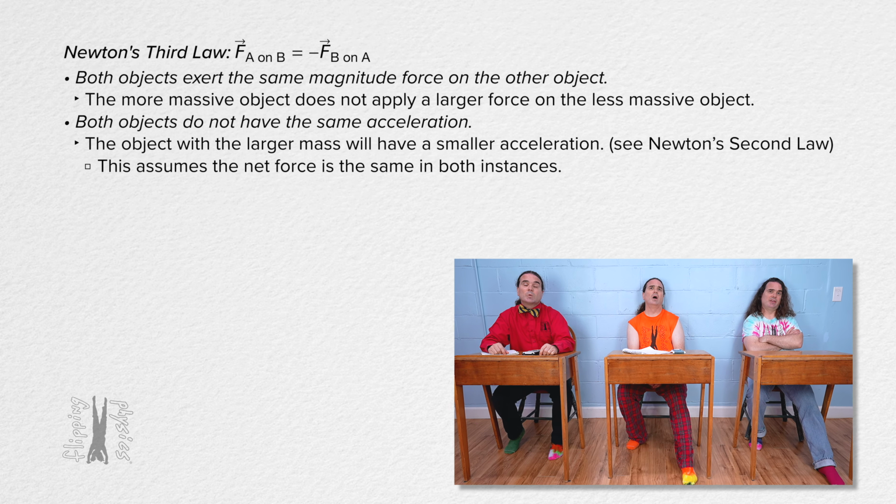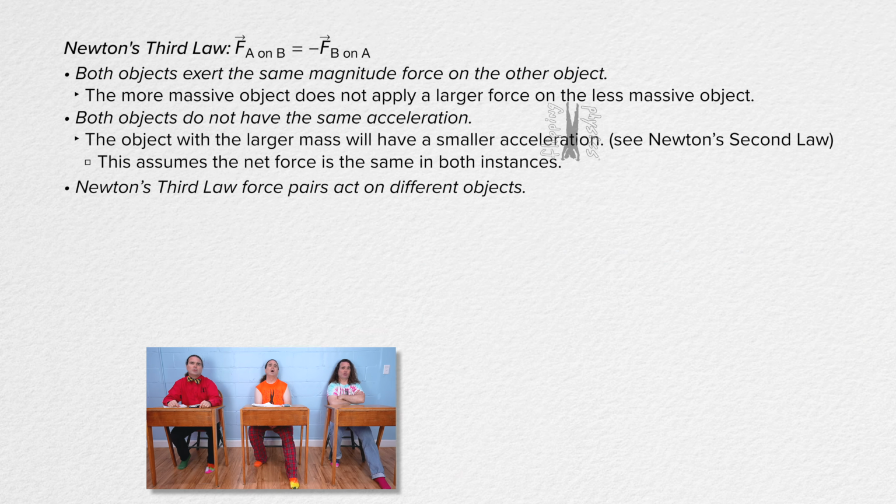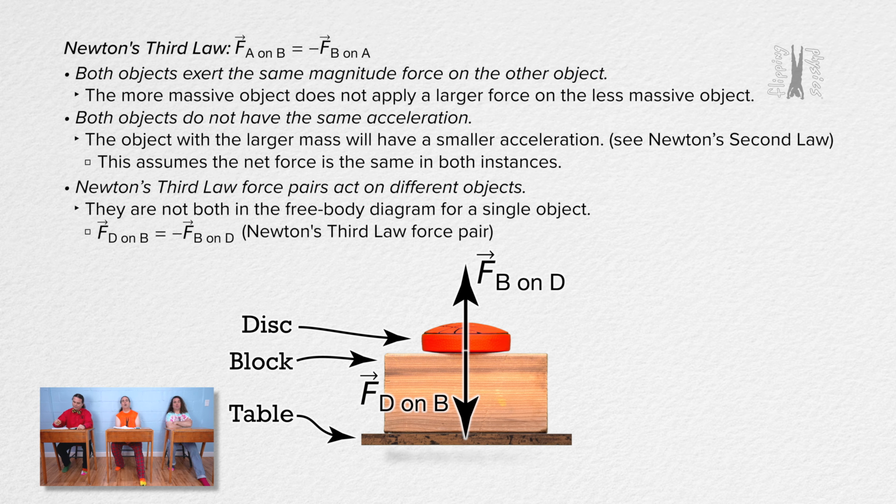Another thing is that Newton's third law force pairs act on different objects. For example, the upward force the block exerts on the disk is equal in magnitude to the downward force the disk exerts on the block. Those two forces are a Newton's third law force pair, and they act on different objects, so they are not both in the free body diagram for a single object.